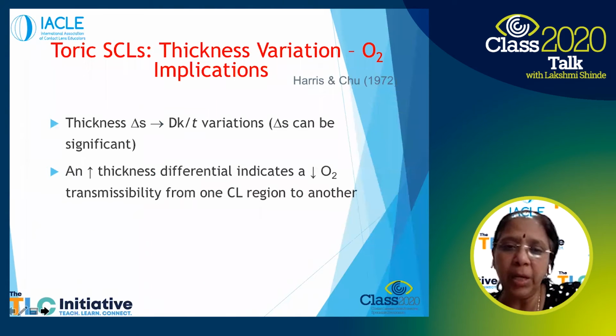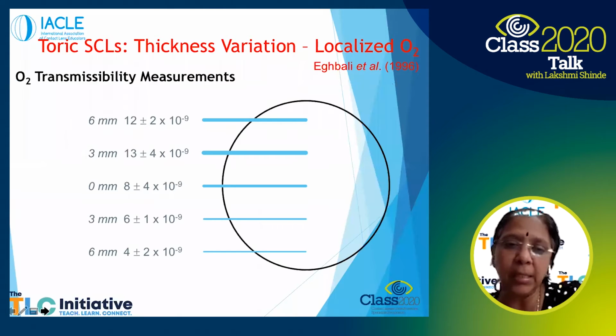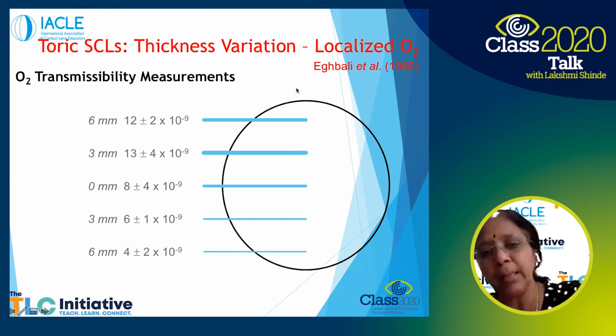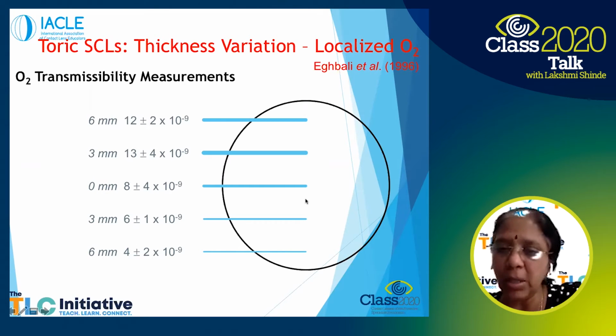In terms of thickness variations, yes, the soft toric lenses are not the same in terms of oxygen transmissibility from the superior to the inferior region. There is a difference because whatever type of stabilization technique you look at, the principle is based on the watermelon seed principle, which means the inferior portion of the contact lens is always thicker than the superior portion, so that when you blink, the lens is ejected out first between the lids, and it settles down towards the lower portion of the lids.